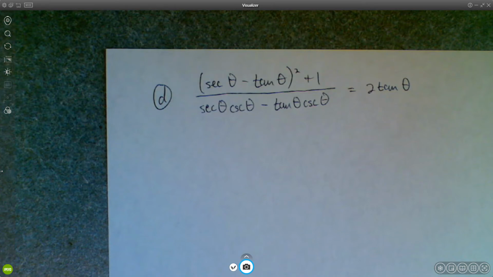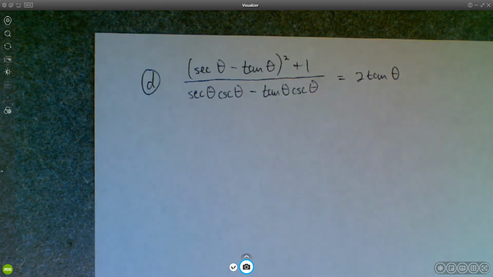So supposedly all that stuff on the left hand side is just equivalent to 2 times tangent theta, which is interesting. Okay, go ahead and give the video a pause and see if you can work that one out.